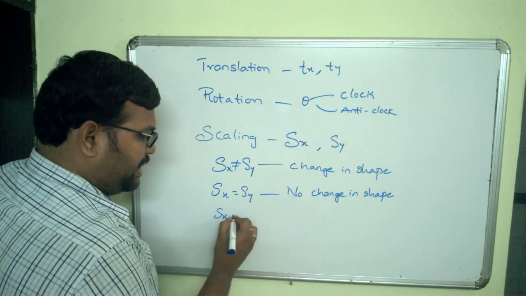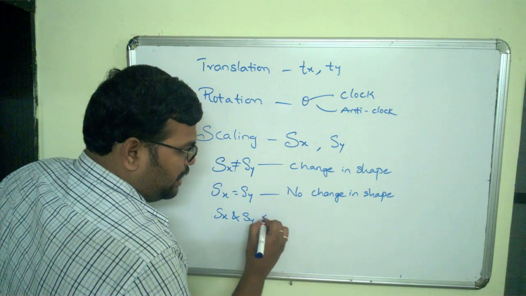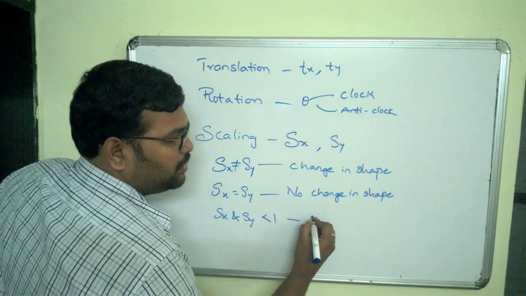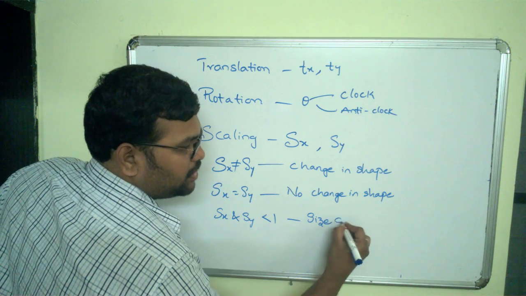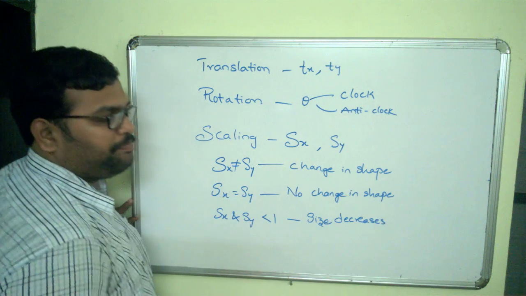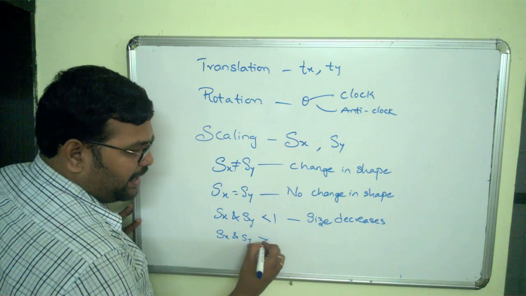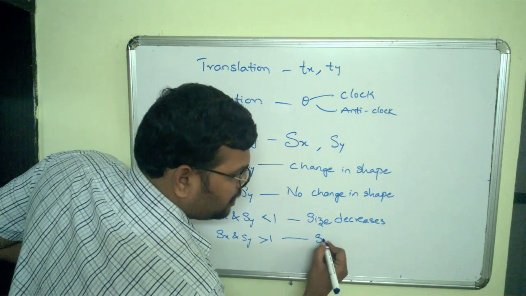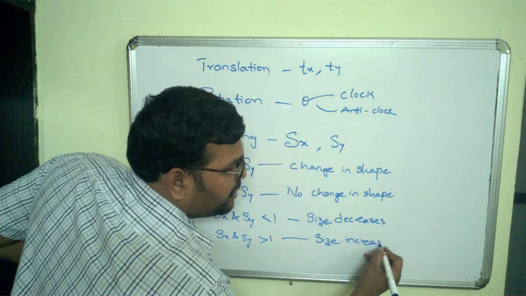And if sx and sy are less than 1, the size of an object decreases. If sx and sy are greater than 1, the size of an object increases.